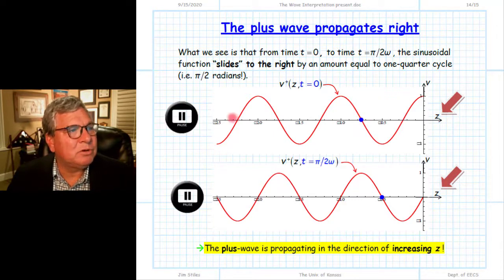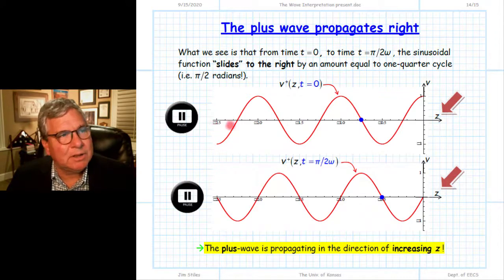And then if we were to watch as a function of time, from t equal to 0 to t equal to pi over 2 omega, instead of jumping from one to the other, we watched it continuously. What we would see is that blue dot would slide to the right. The entire plot would slide to the right. And then when we stopped it at the second time, we would get this function here. And notice the blue dot now is right here.